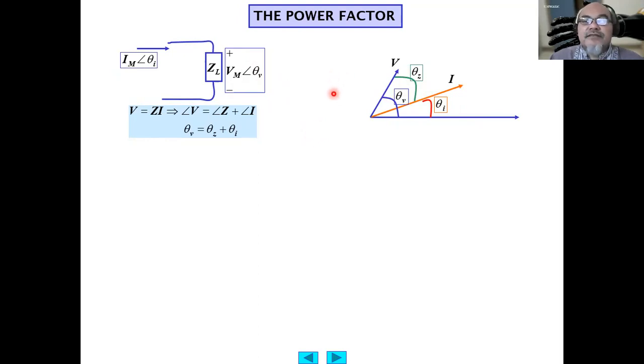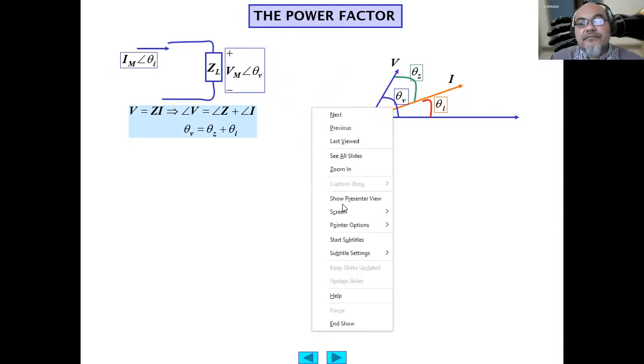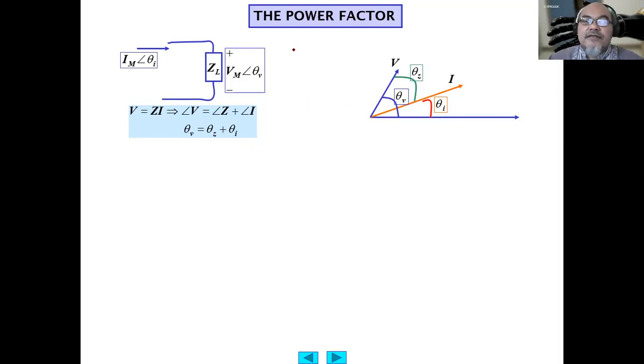If it is inductive, then from Ohm's law, V will be equal to Im with phase angle theta I, times j omega L. And j omega L is the value omega L with a phase angle of 90 degrees if it is inductive.